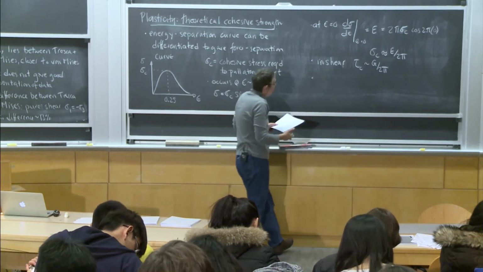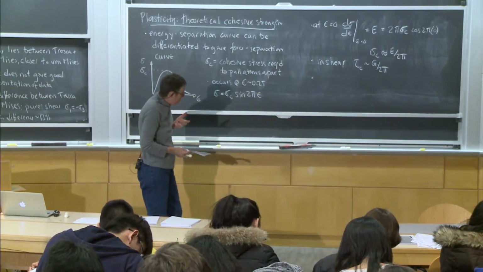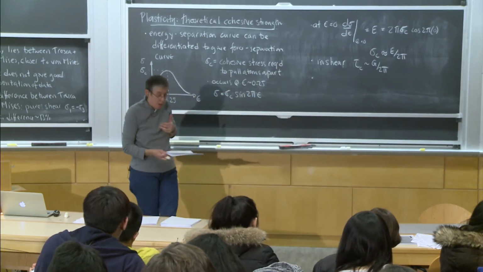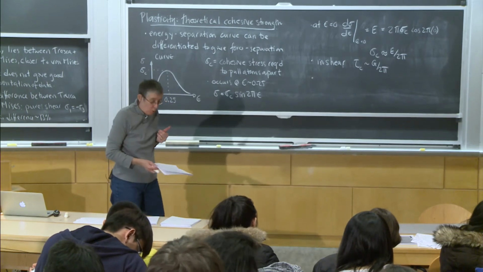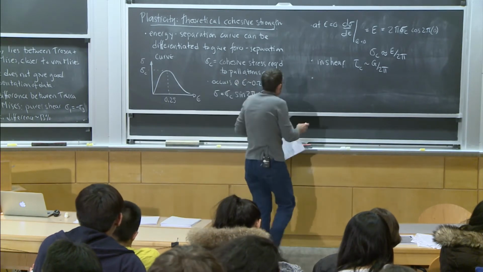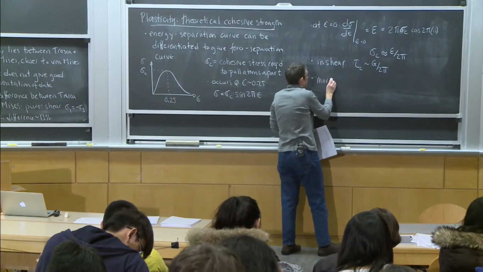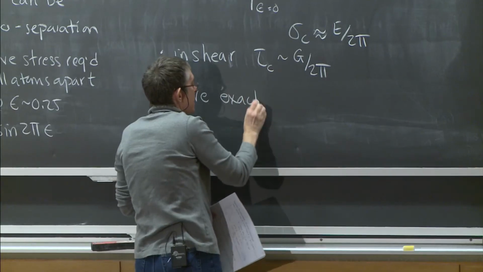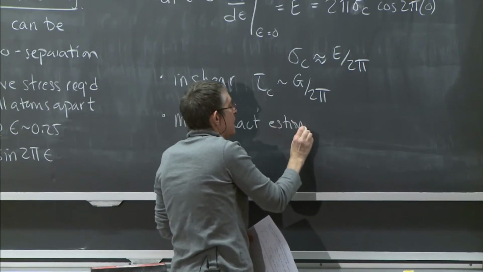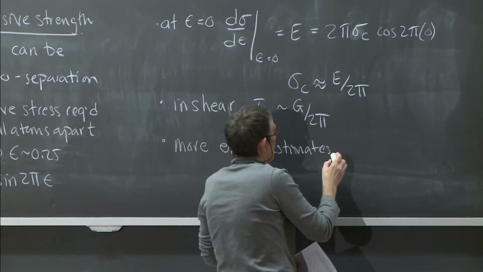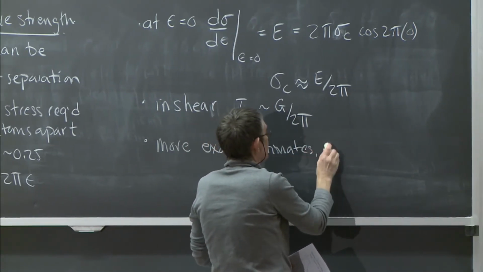If you do that, then instead of 1 over 2 pi, the cohesive strength is something like 0.05 or 0.1 times the modulus.